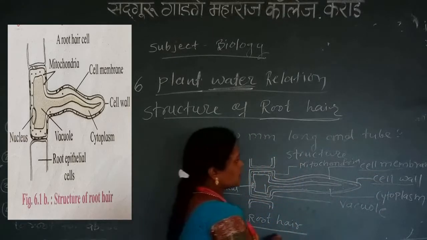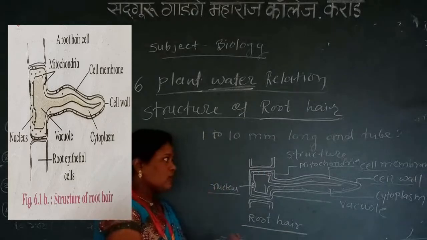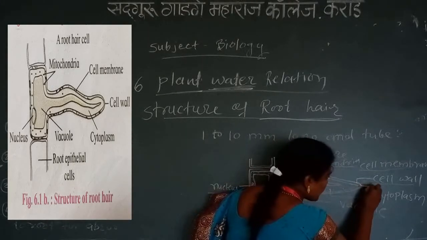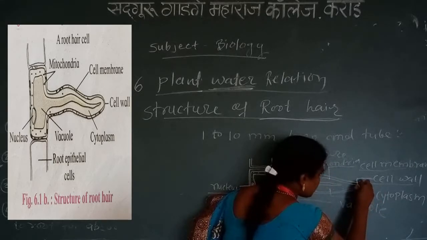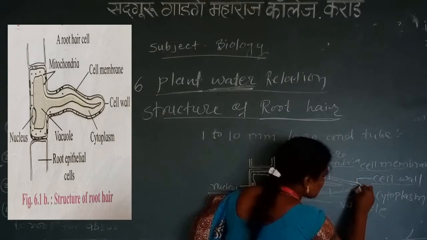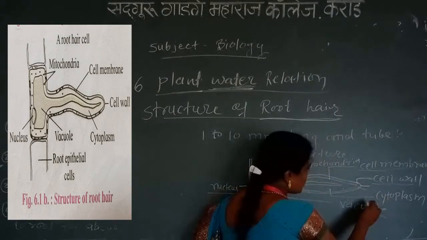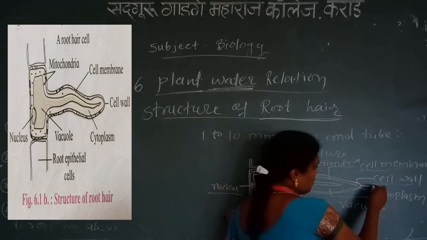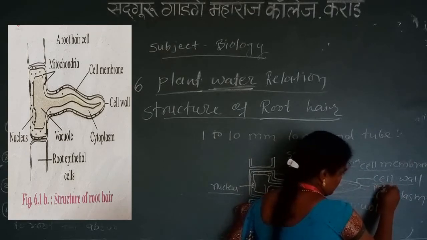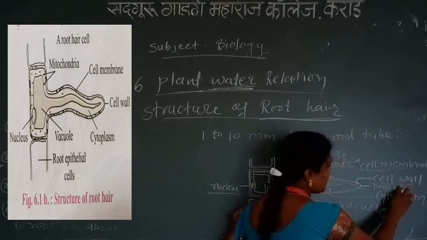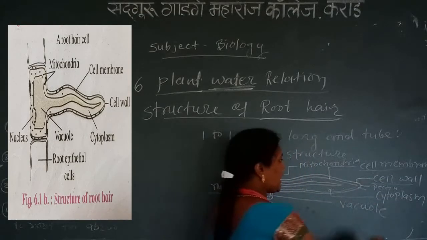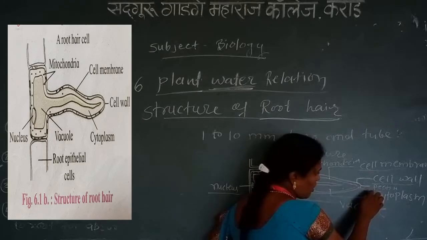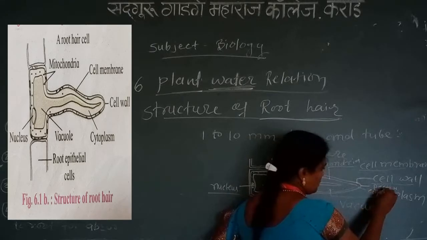The cell wall contains two layers. This portion is the outer layer and this portion is the inner layer. The outer layer is composed of pectin, and the inner layer of the cell wall is composed of cellulose.